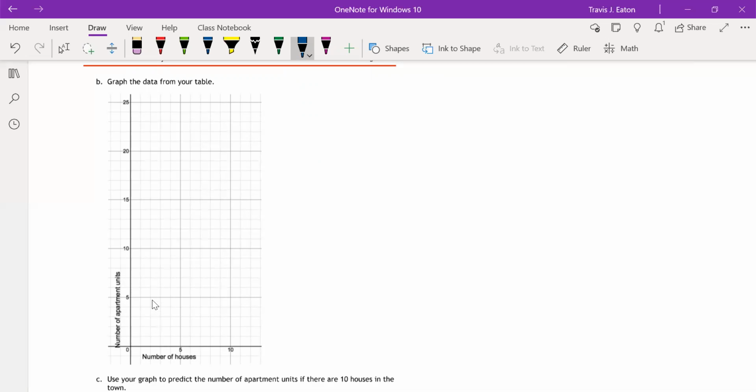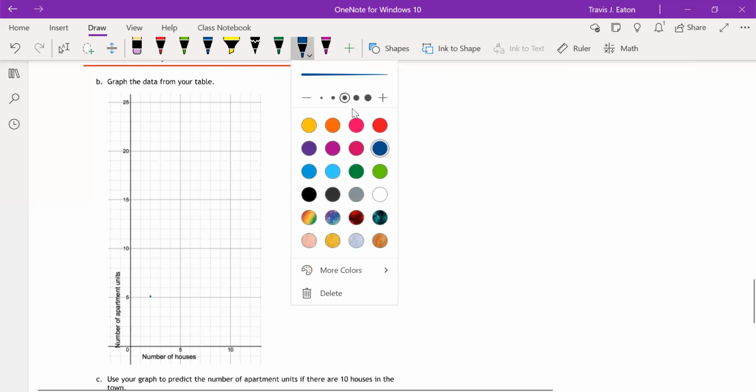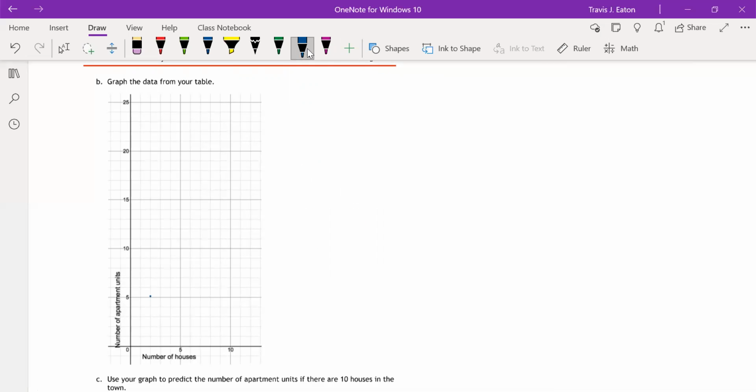I had 5. Oh, that's not a big enough dot. Need a larger dot than that. There we go. 2 houses, 5 apartment units.